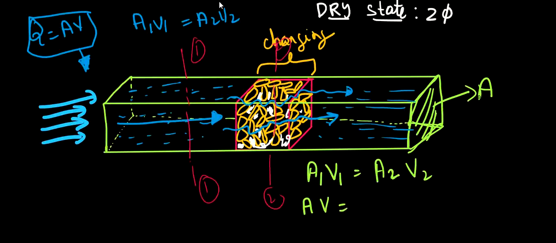And this area A2 will be the area of this soil sample, into the velocity of fluid through the soil sample.